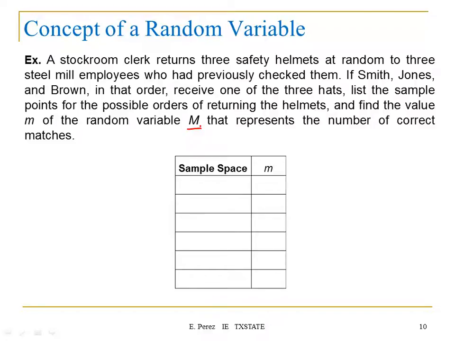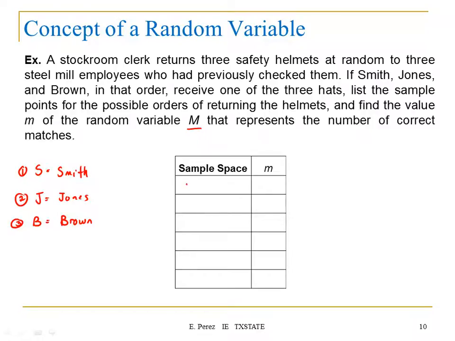So if we were to define this sample space, I'm going to use the last name to call the employees. Number 1 is S, this is Smith. Number 2 is Jones. Number 3 is Brown. Okay, so my sample space is basically the order, or how you order these 3 persons.